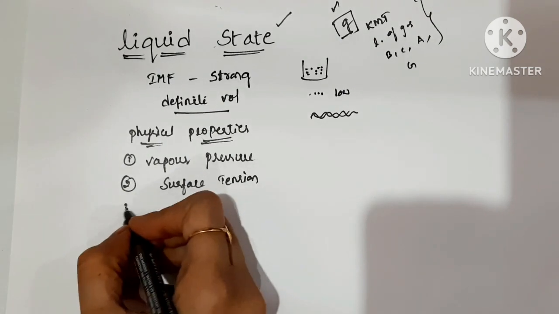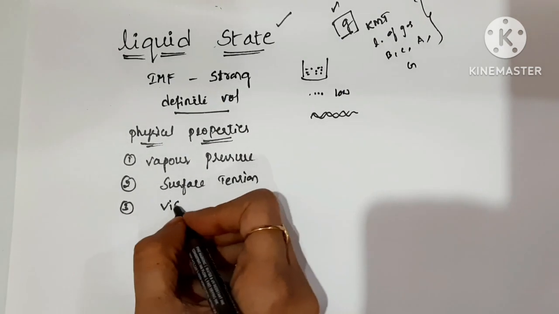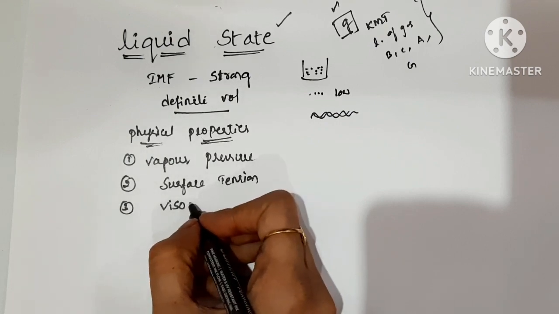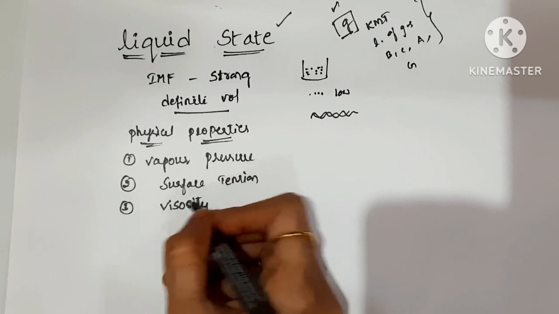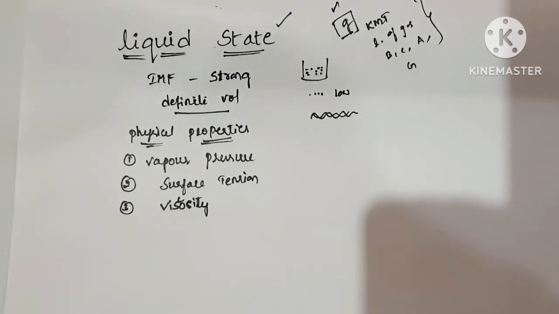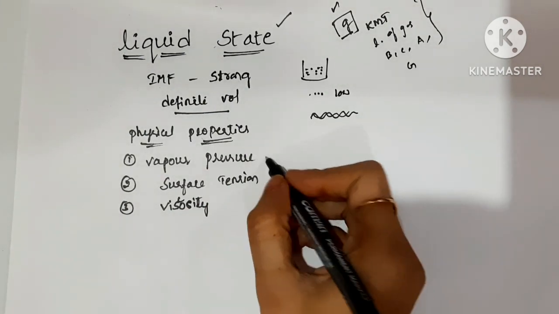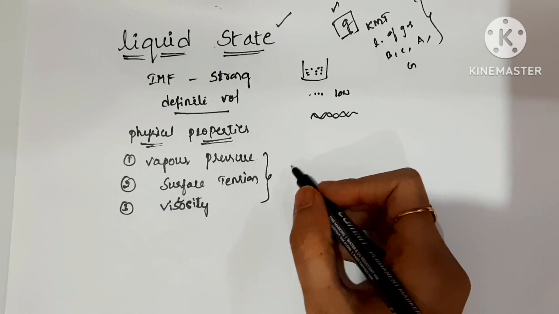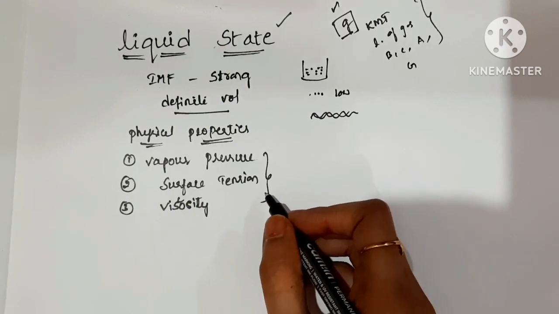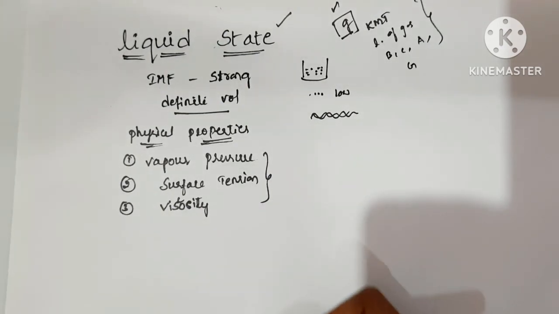And the third one is viscosity. So these are the physical properties of liquid state: vapor pressure, surface tension, viscosity. Let us discuss these three properties.